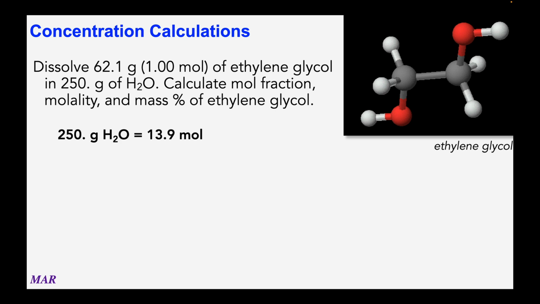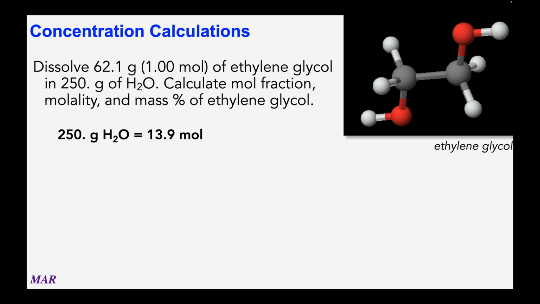First thing you're going to need on these kind of problems, you're going to need grams of solute and solvent and moles of solute and solvent. So if you look at that data, 62.1 grams, that's the grams of the solute, the ethylene glycol, and 1.00 moles, that's the moles of the solute. So we've got grams and moles of solute, no problem. But there's only grams of solvent, 250 grams of water.